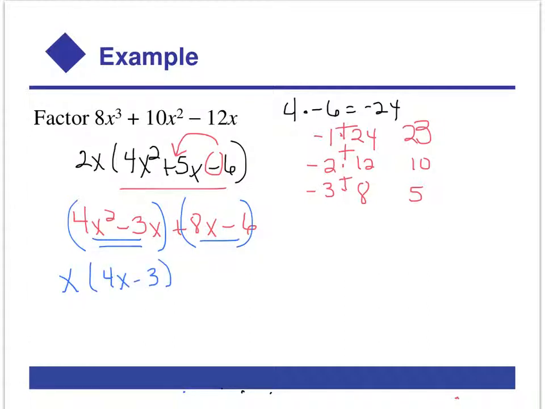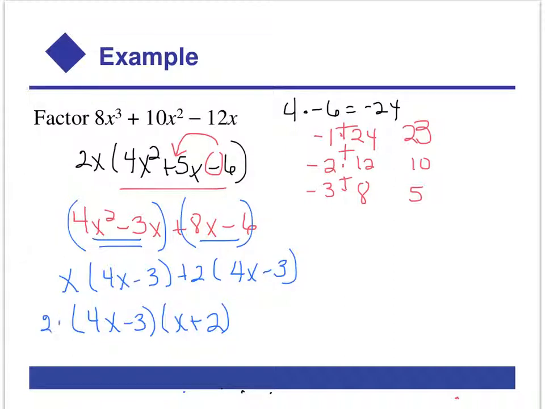And if we take out a 2, we're left with 4x minus 3. So our final answer is 4x minus 3 times x plus 2. And if you FOIL that back, you should get the original expression, but don't forget about this 2x. You have to bring it down with you. So our final answer is this one right here.